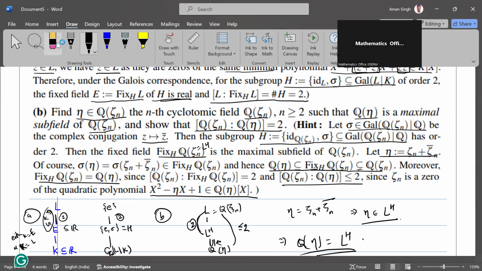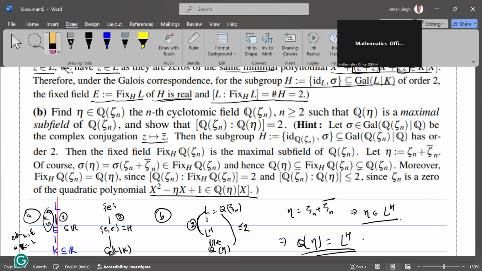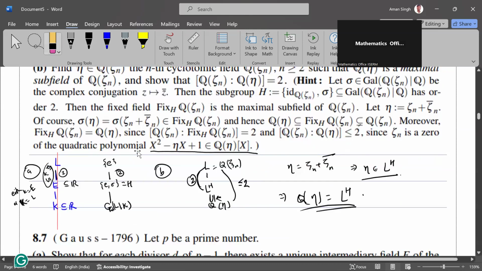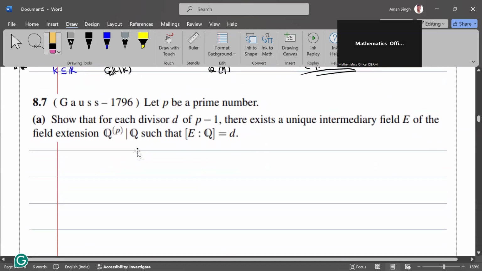So this is what we wanted to show: that there exists a sub-extension of degree 2, and which is simple. So Q(eta) is simple.